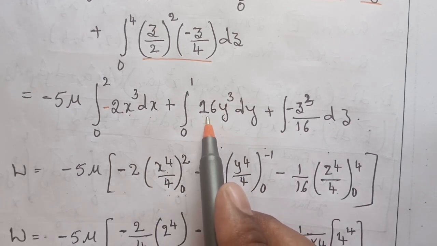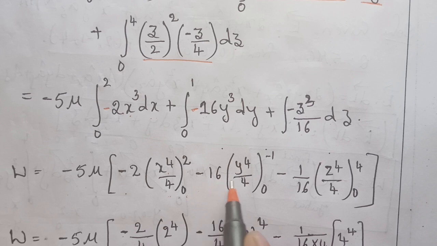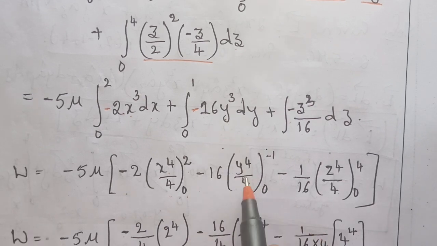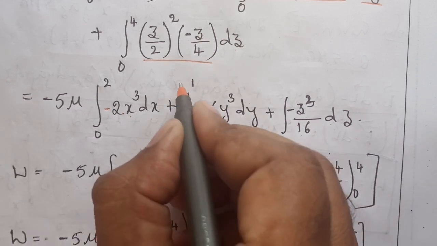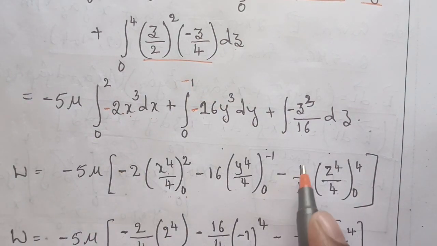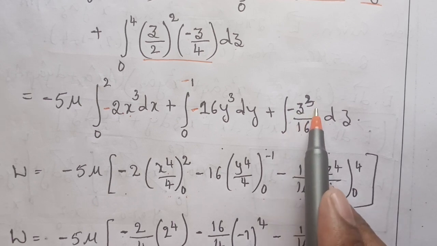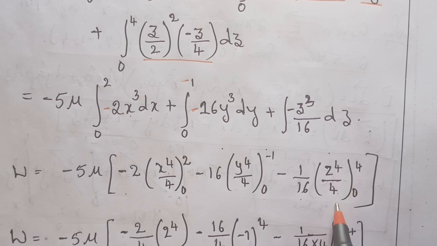Similarly, you have minus 16 here, correct? So minus 16 into y cube, integration is y power 4 by 4 with the limit 0 to minus 1. The limits are given as 0 to minus 1. Minus 1 by 6, I will take it outside, and the z cube integral is z power 4 by 4 with the limits.